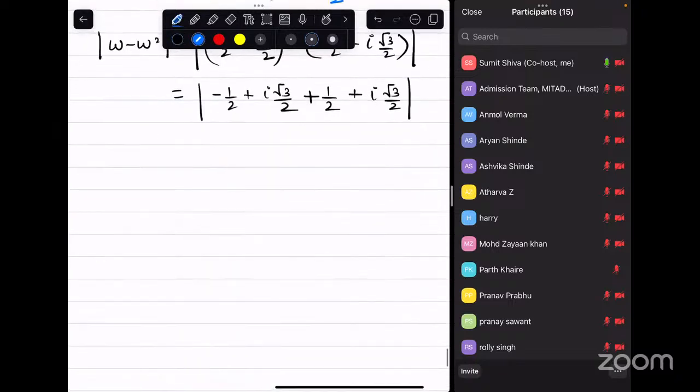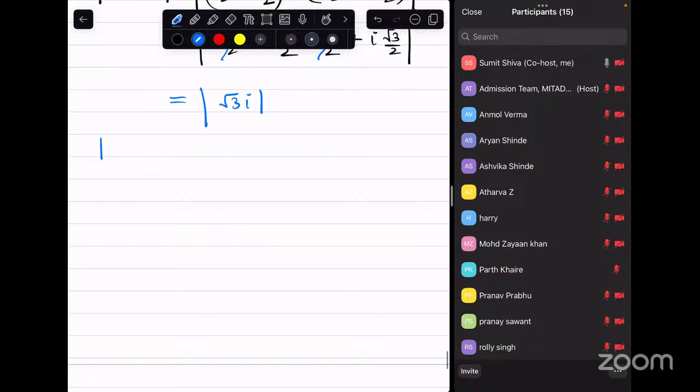So if you look at it, the -1 by 2 factor will cancel out. You will have iota root 3 by 2 plus iota root 3 by 2, which is 2 root 3 iota by 2, and the 2 factor will again cancel out. So you are left with root 3 iota. So the modulus of omega minus omega square will be root 3.